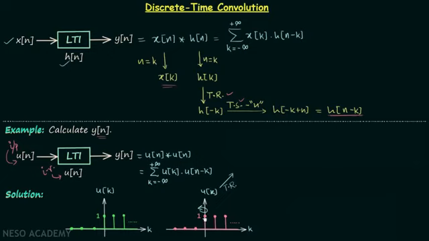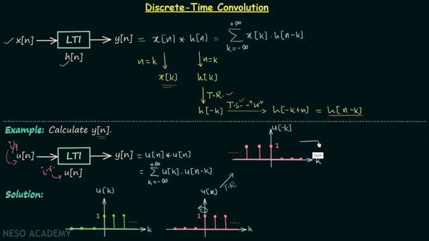Flip the waveform about the y-axis and you will have a plot like this. This is the plot of signal u[minus k], and upon this new signal we will perform the time shifting operation by n.